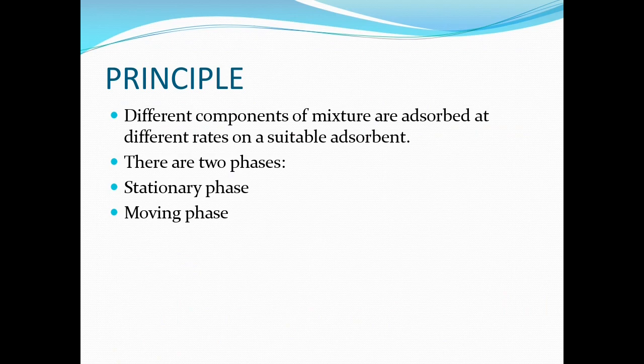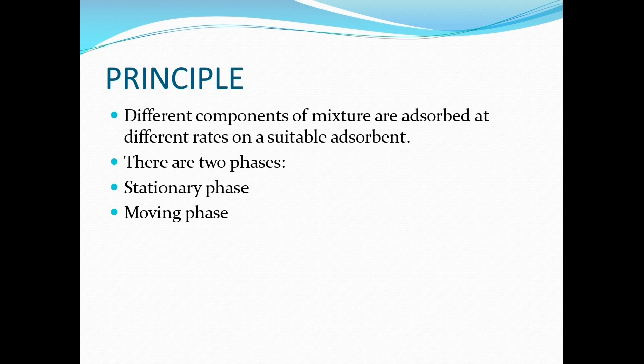Now there will be two phases in this activity. One is the stationary phase, which will not move. In this case, it is our paper. Whether we use filter paper or chromatography paper, a different paper used for this activity, you can also perform this activity with filter paper. Then the second is the moving phase.